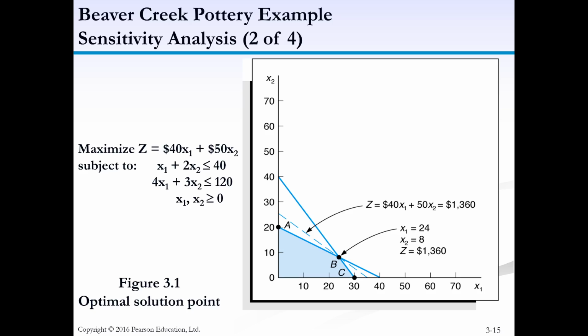The solution is there, and you can see that this is the optimal here, which is x1 is equal to 24, x2 is equal to 8, and z is equal to 1360. The dash line is ISO profit line.